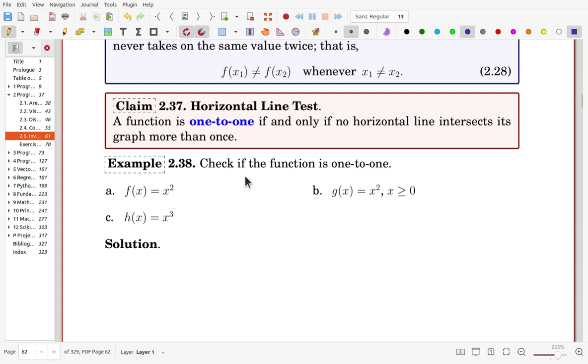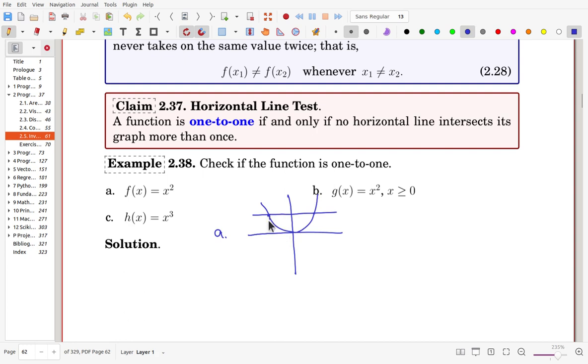Check if each function is one-to-one. Okay, let's try to check it. Let's start with A. Now, y equals f of x makes the graph in this way. If you use a horizontal line, then the horizontal line will intersect the graph twice.